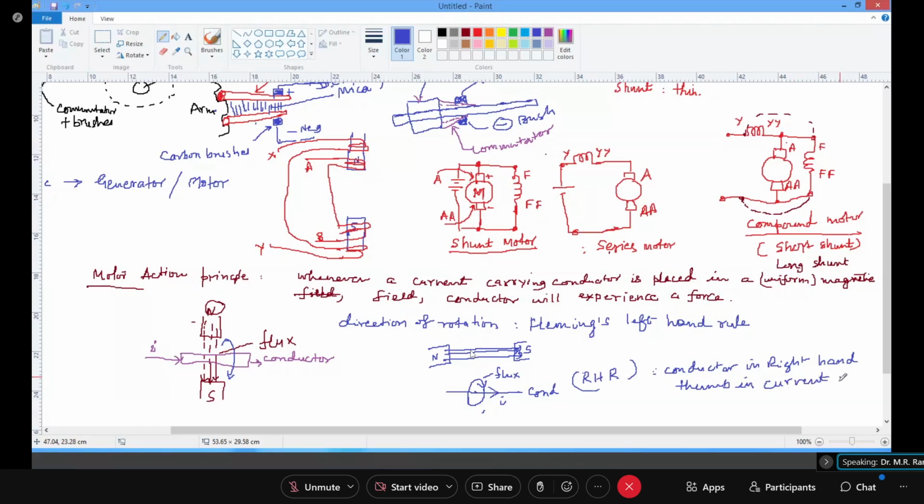Then the remaining fingers give the flux direction. Understood? That is the right hand rule. Also, you can use the corkscrew rule to determine it. I hope you know it.